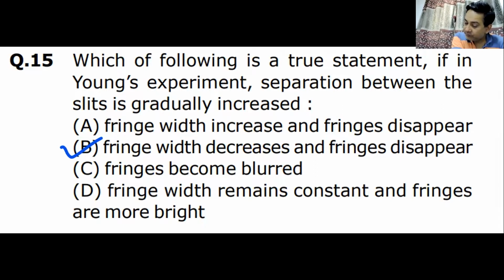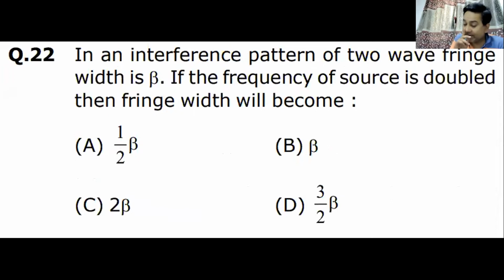Okay, these are based on this. Let me get with this and then probably we'll do it in the next class. In an interference pattern of two waves, fringe width is beta.